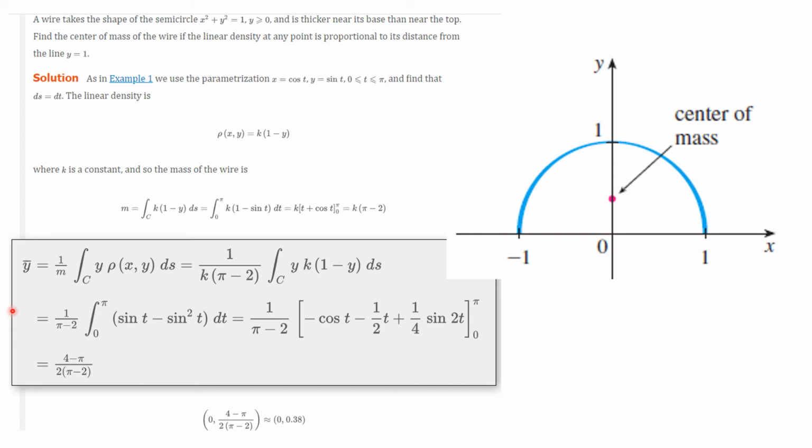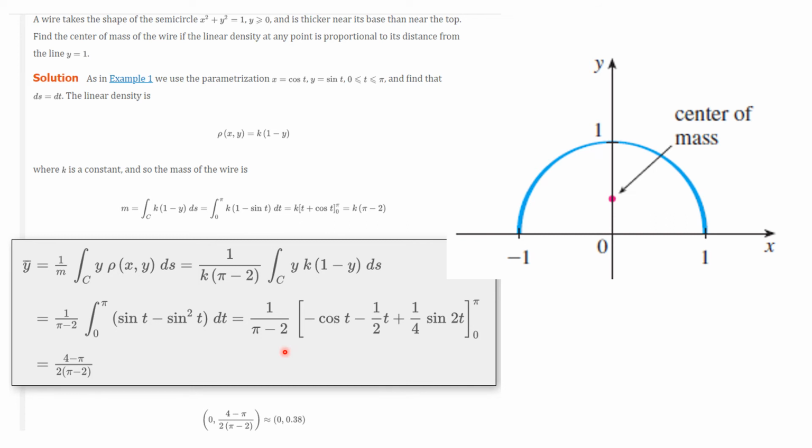But y bar is going to be 1 over that mass times the integral of y times the density. Remember that the parameterization along here gives sine squared plus cosine squared, so that's going to be 1. That's why that's not showing up here. And so this is the formula for y bar. You will integrate, and again, you have to use a double angle formula to do this. Make sure you can do this because these are the kind of questions that I will ask you.